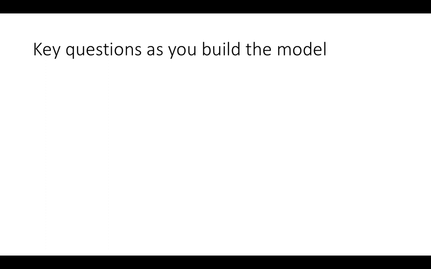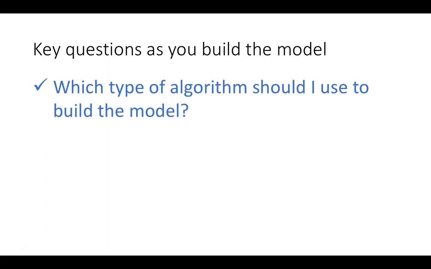As you build models as part of machine learning projects, there are key questions you have to ask. The first one is, which type of algorithm should I use to build the model? There are many algorithms representing many mathematical relationships.